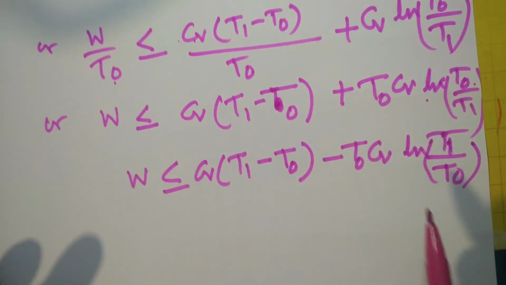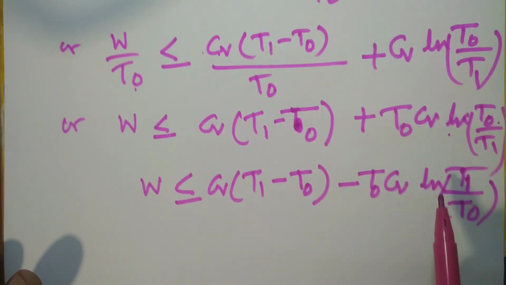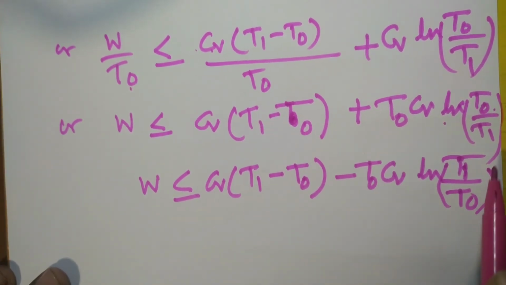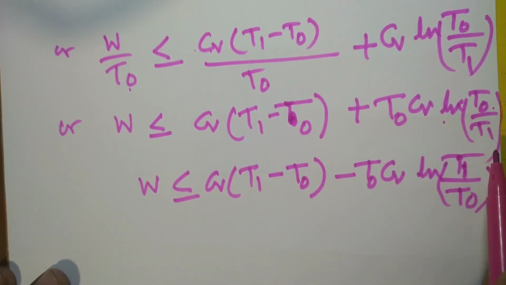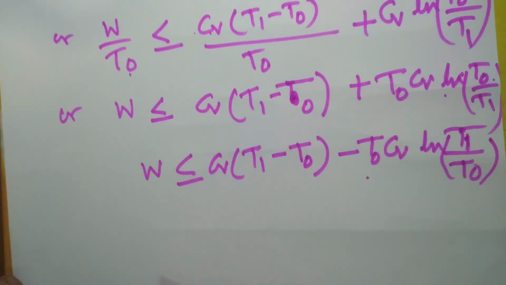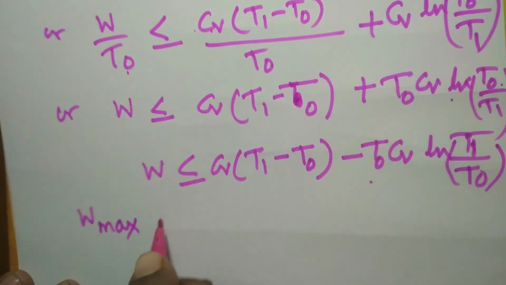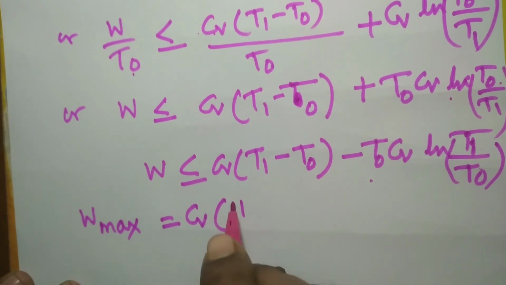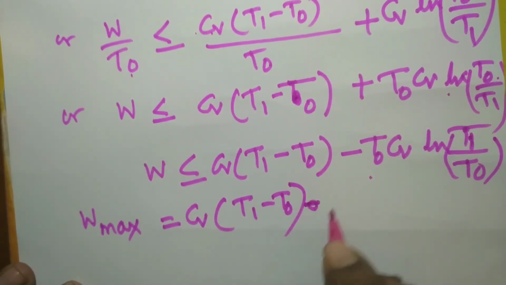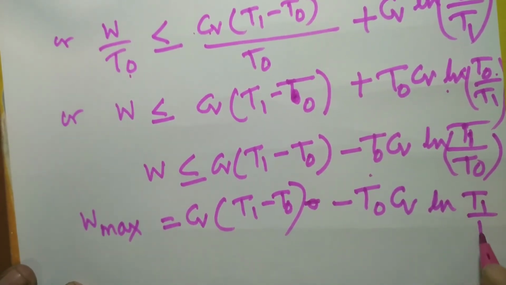Since in the expression that we are going to find out as per the requirement of the question, ln T1 by T0 is there. So if we make ln T0 by T1, it would be equal to minus ln T1 divided by T0. So from this inequality, maximum work is Cv (T1 minus T0) minus T0 Cv ln T1 upon T0.